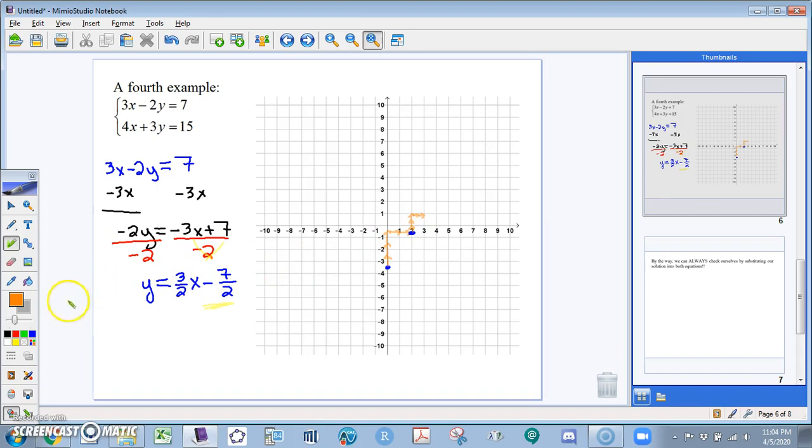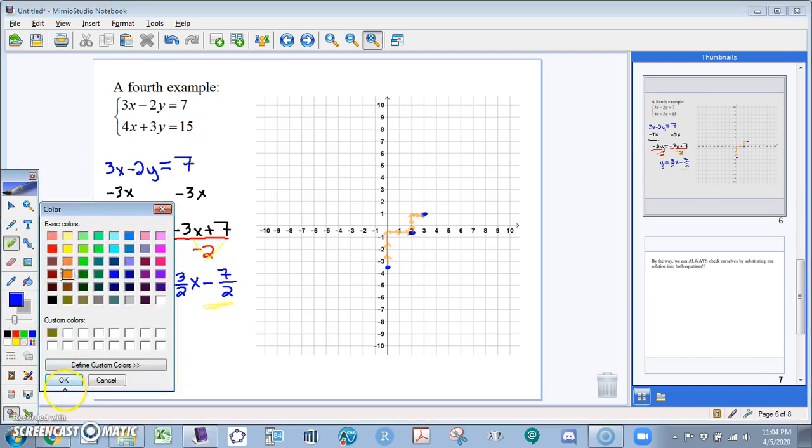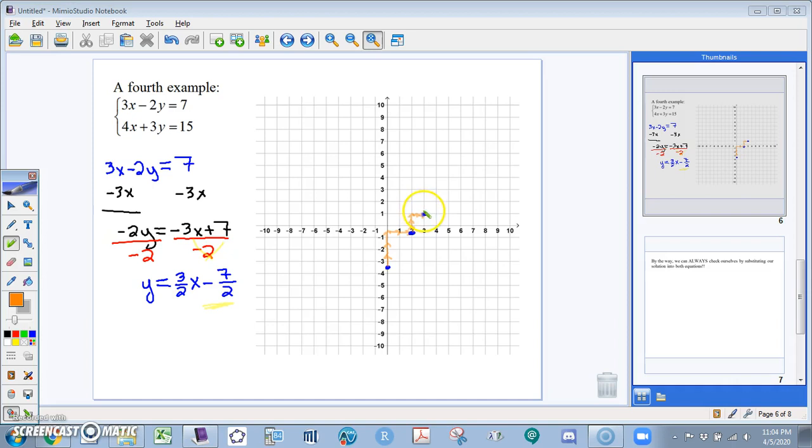As long as the ratio is an up 3 to over 2 ratio, that's still going to put my points in a line. And once I get that nice point, it's a little bit easier to graph some of the others. So I can go in here now and do that much easier.